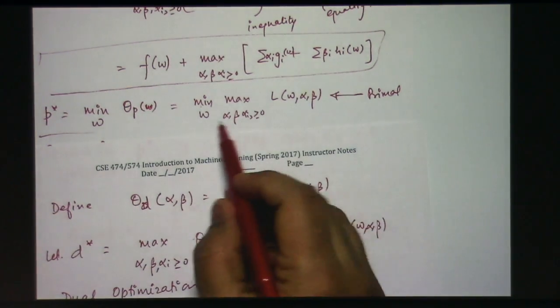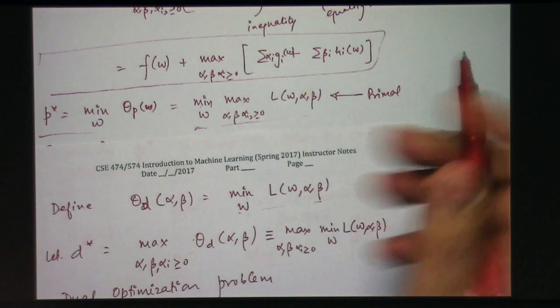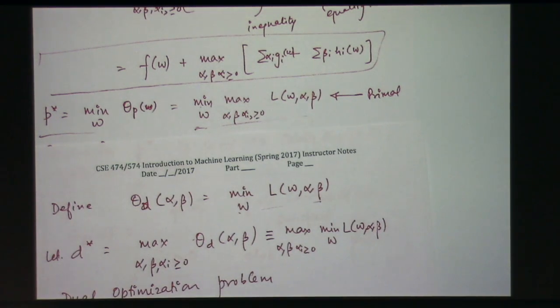If you solve this series of optimization problems, first find the max, then find the min, that will be exactly the same as solving the original problem. However, if we redefine our problem as a different optimization problem, where we first find the min over w and then find the max over all alpha, beta, that is called the dual optimization problem.